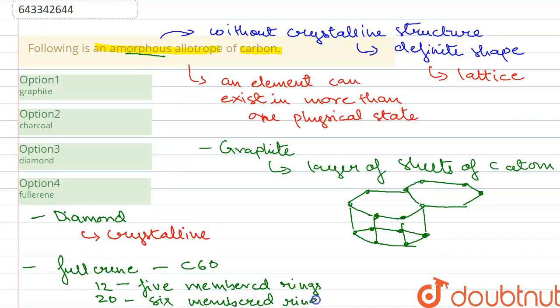So even fullerenes have a definite structure. It has a football-like structure, made up of 12 pentagonal rings and 20 hexagonal rings of carbon atoms. So this is also a crystalline structure.